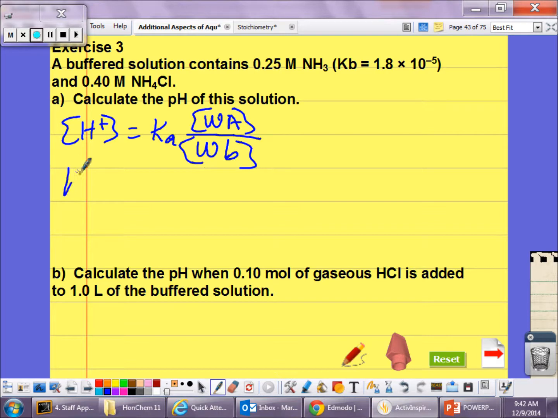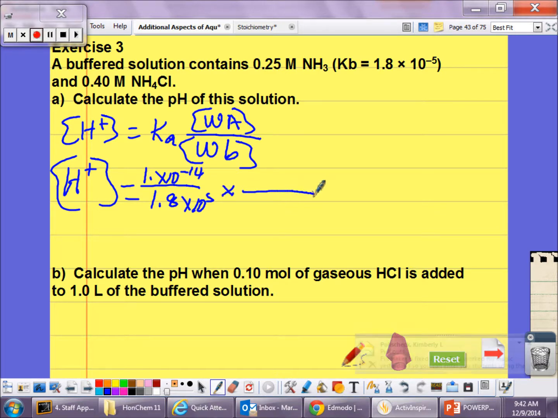If you are fast we can still do it completely. Guess what? They did not give me Ka, that's okay. I know Ka equals Kw over Kb. It is 1 times 10 to the negative 14 over my Kb, 1.8 times 10 to the negative 5. Don't change anything, just find your Ka.